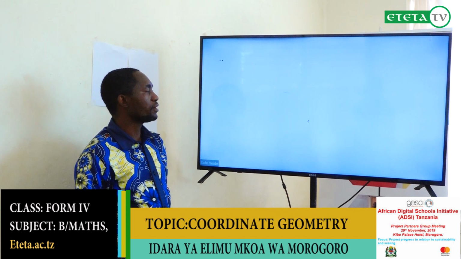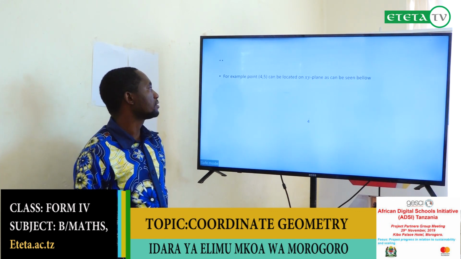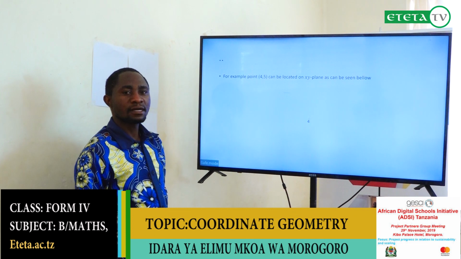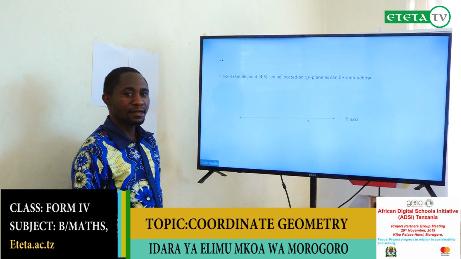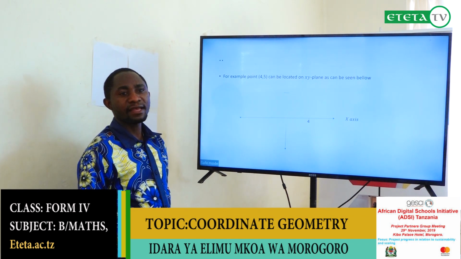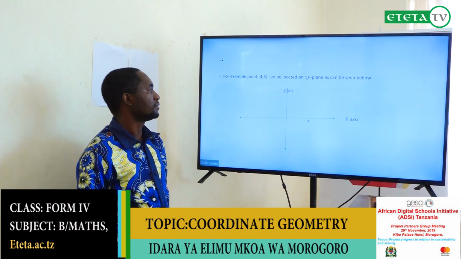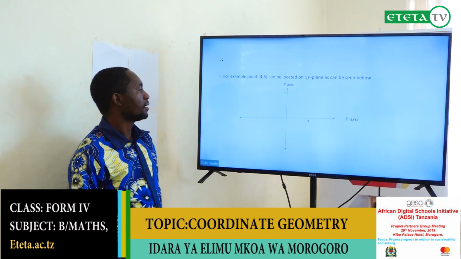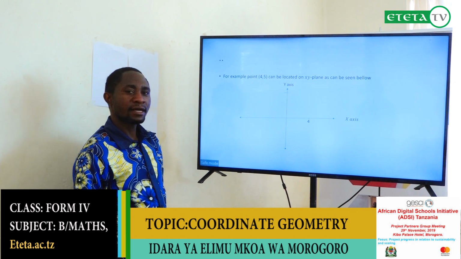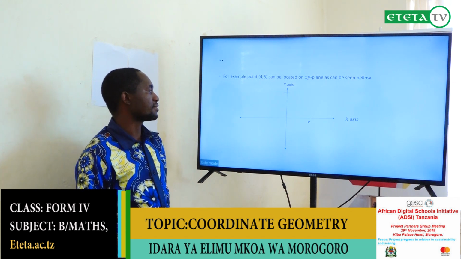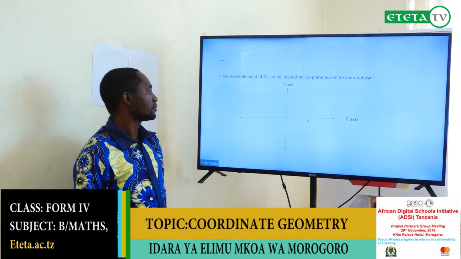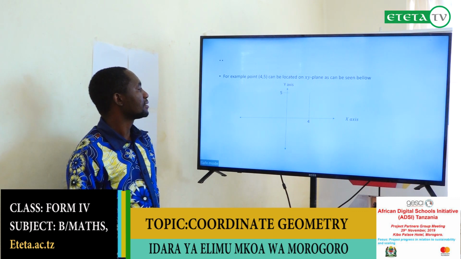We have our point (4, 5). First we draw the x-axis, then we draw the y-axis. Then draw a line through the value of x, which is 4, parallel to the y-axis.